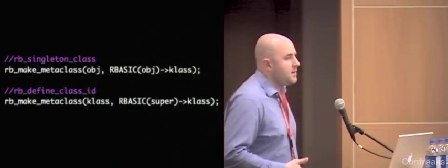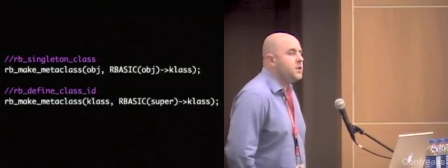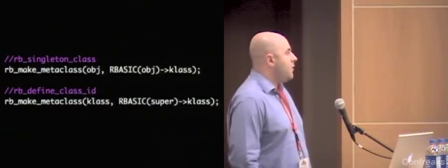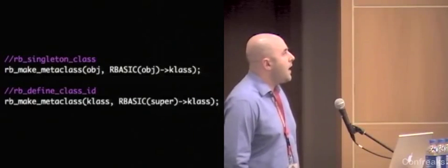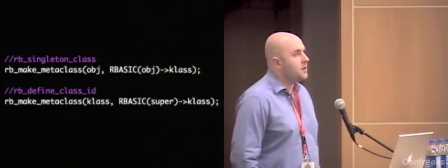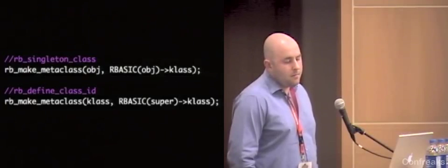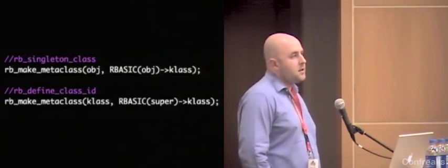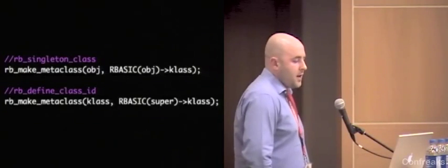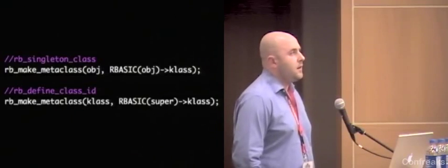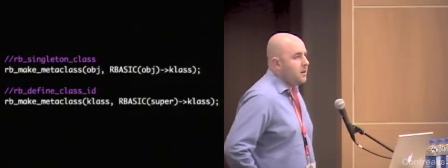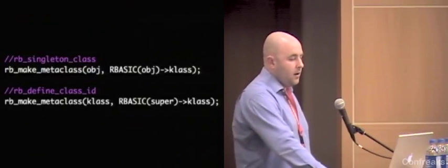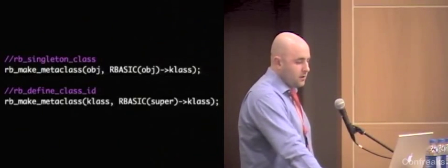Another interesting difference between meta classes and singleton classes, and it's just implementation, is that singleton classes get created dynamically at runtime when you try to add instance-specific behavior to an object. Meta classes, that's singleton classes of classes, get created as soon as you define the class. So you see it's rb_define_class_id there. Basically, as soon as you assign a name, a constant, to that class, up goes your meta class.